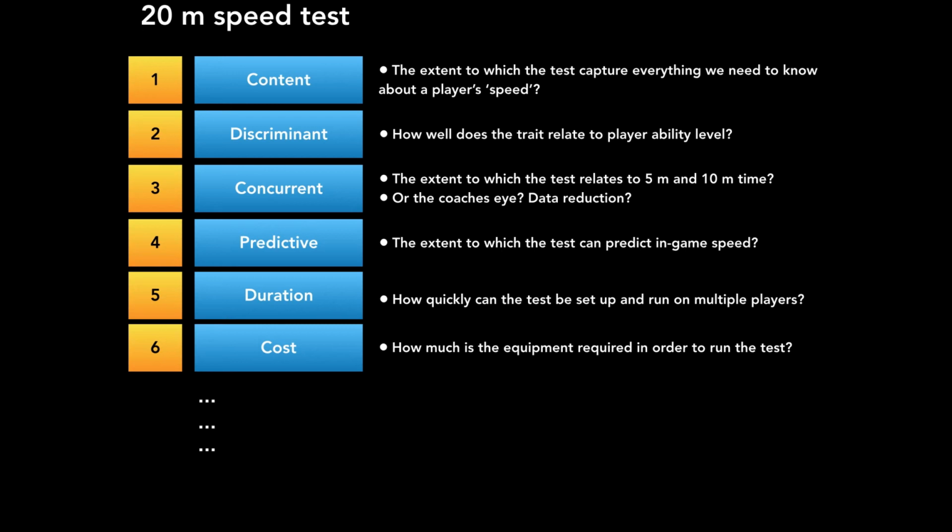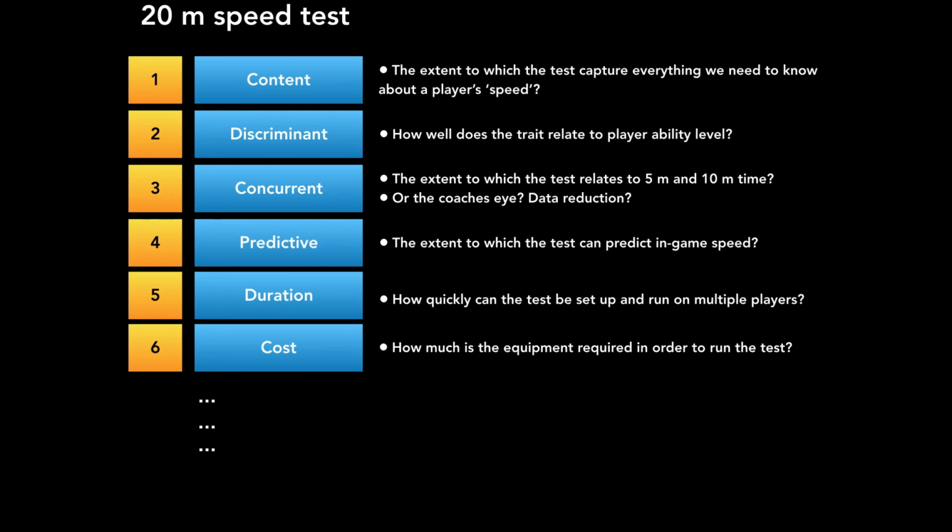If we're looking at the content validity of the test, we might look at the extent to which that test captures everything we need to know about a player's speed. There are other examples on the screen for you there; I'll run through a couple. From a predictive sense, we might want to look at whether the 20-metre speed test associates well with in-game speed as measured by LPS or GPS technology.